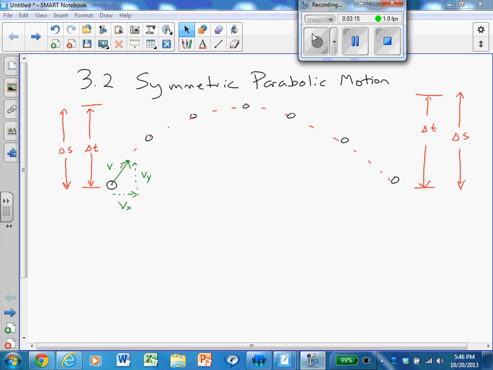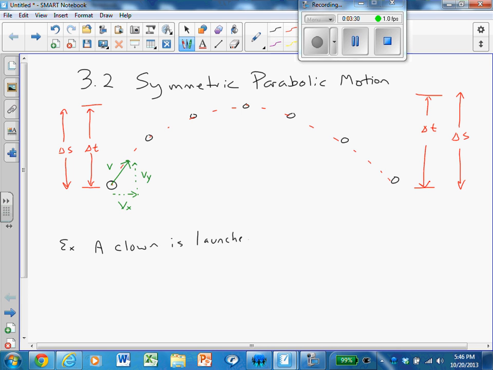Okay, so let's say a clown is launched from a cannon at 25 meters per second at an angle of 40 degrees.